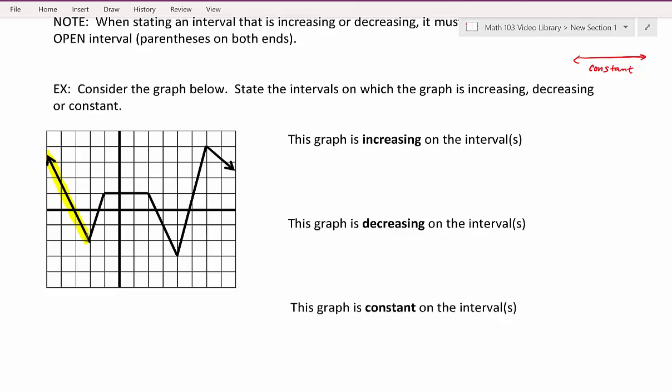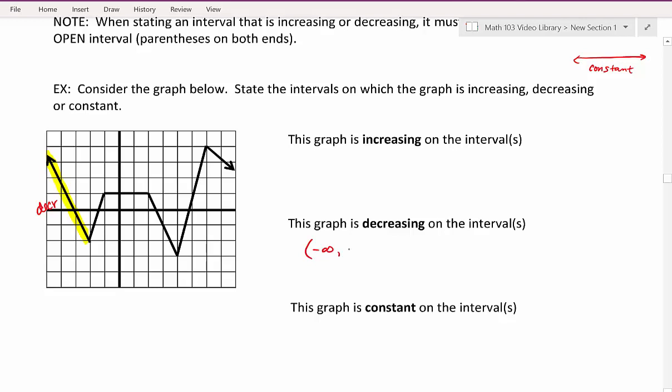It's going down from left to right. So that piece of the graph is decreasing. Now we want to actually write down the interval of x values that represents that portion of the graph. Since there's an arrow on the left that tells us that our graph continues forever, our very first x value where our graph is decreasing is going to be negative infinity.